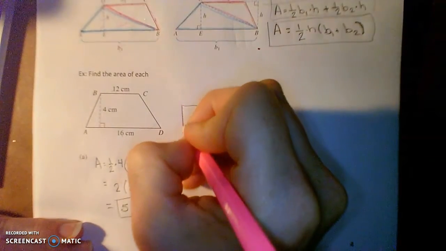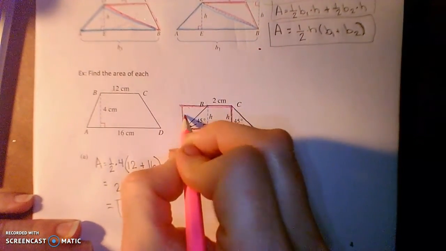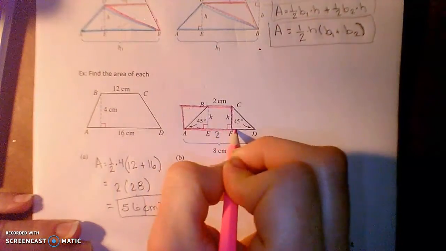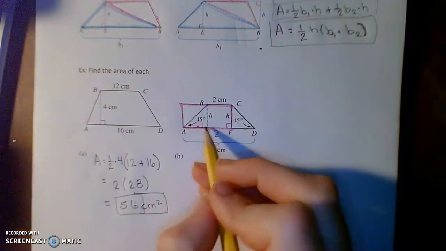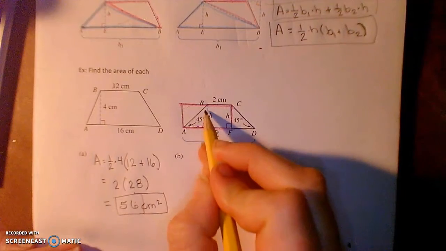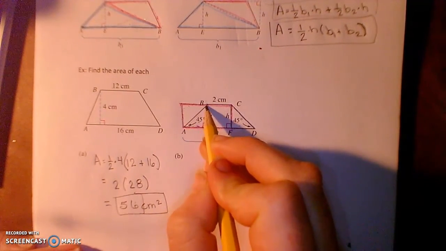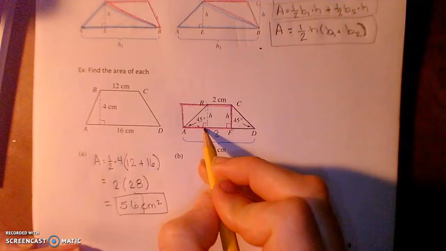So now what I have is a rectangle. And again, since this is a 45-degree angle, 45, 90, this has to be a 45-degree angle. So now this is an isosceles triangle right here.